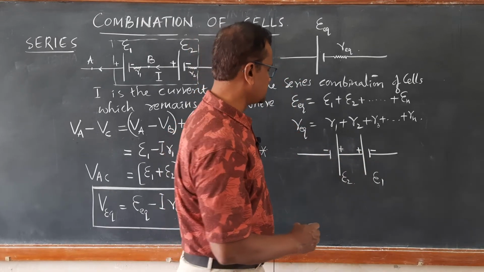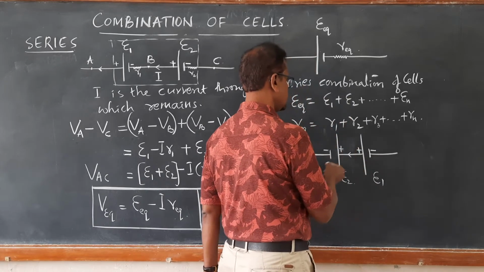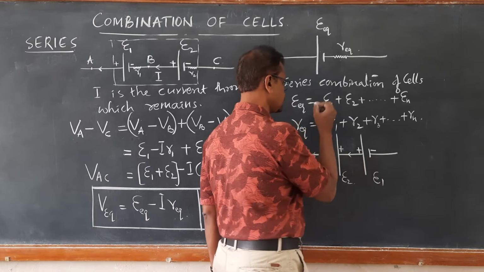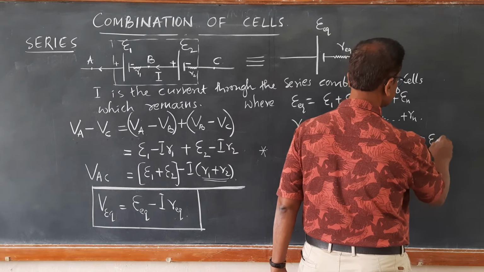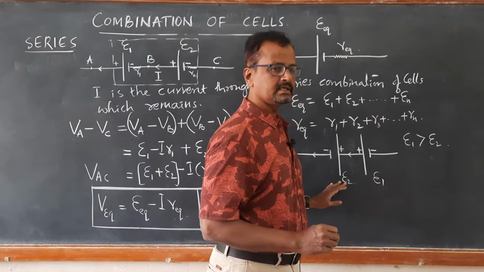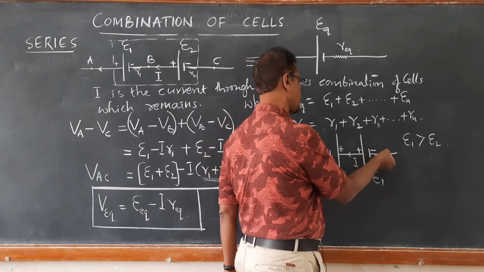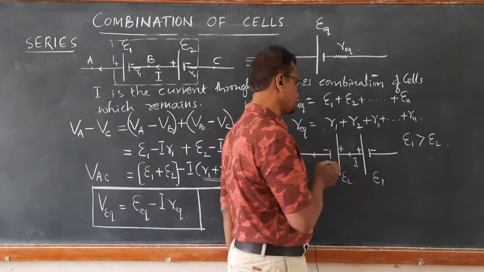But what happens? The current from E1 leaves from the positive terminal and enters into E2, provided E1 is greater than E2. If the EMF of the cell E1 is greater than the EMF of the cell E2, then the current I flows from the cell of EMF E1 into the cell of EMF E2.